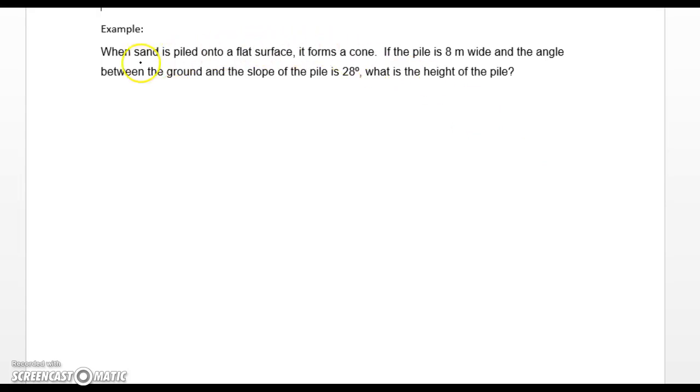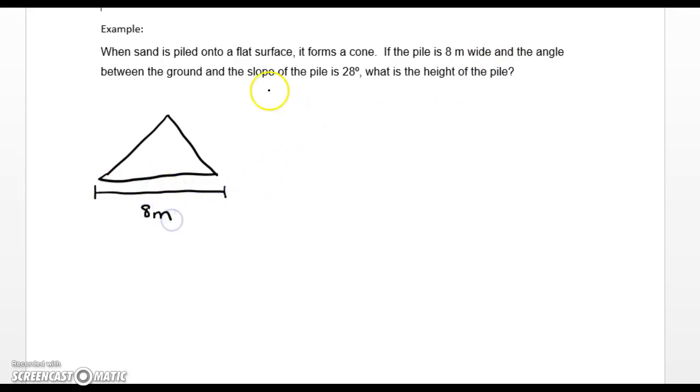Here we're talking about when sand is being piled, it forms a cone. If we look at the two-dimensional shape of our cone, we've got this triangle being formed here. The pile is 8 meters wide, so from one end to the other is 8 meters, and the angle between the ground and the slope of the pile is 28 degrees.